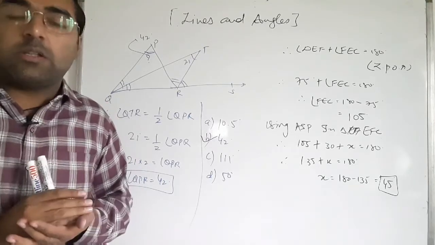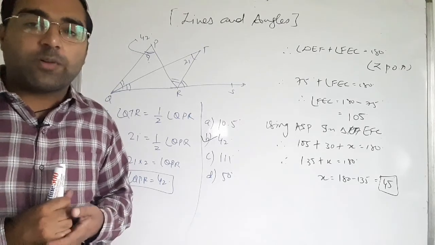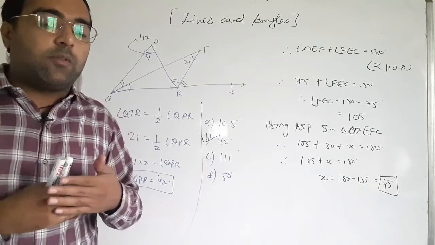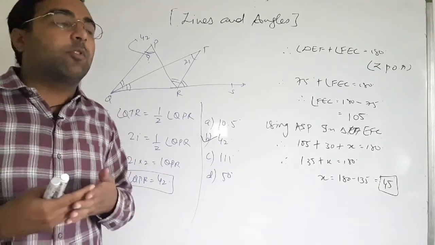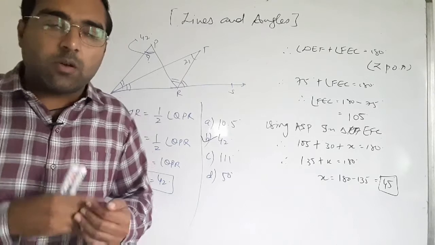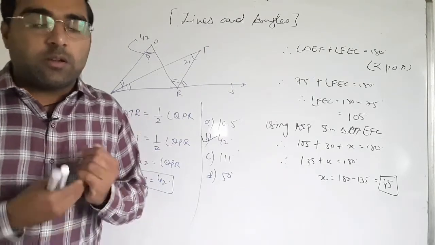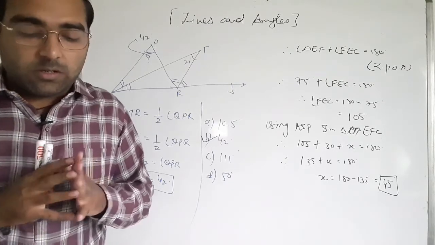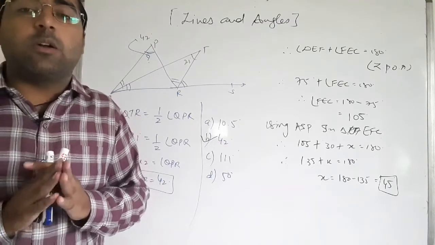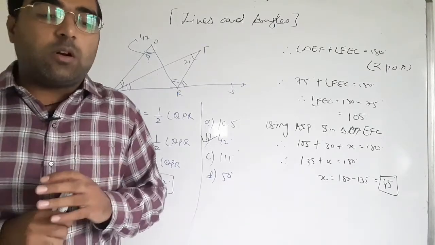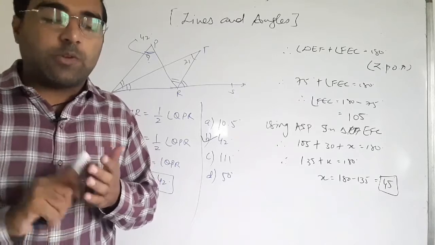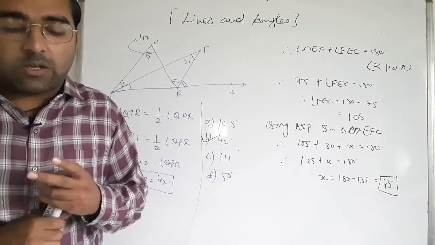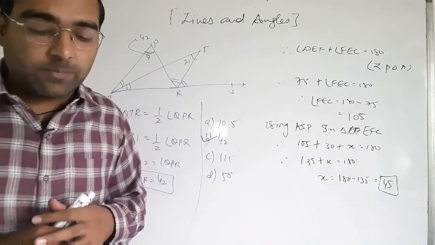Please refer to all the exercises in homework, and revise parallel lines, angle sum property, linear pair of angles, complementary angles and supplementary angles. Your homework is all of exercises 6.1, 6.2 and 6.3. Please note down all of these exercises as homework.